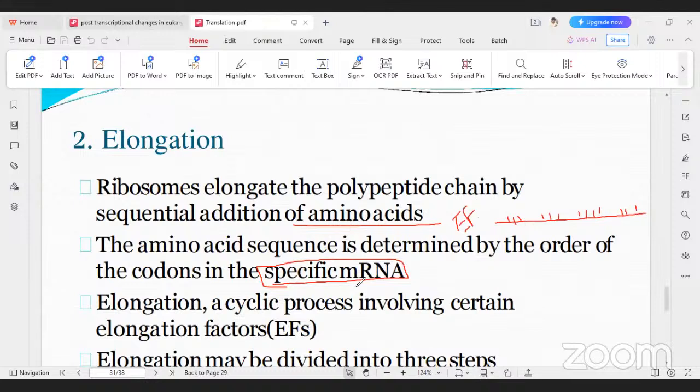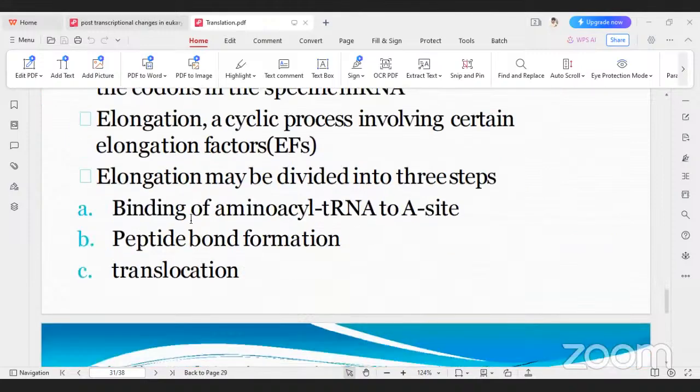IF is initiation factor, EF is elongation factor. So elongation may be divided into 3 steps. They are binding of amino acid tRNA to A site, peptide bond formation, and translocation.